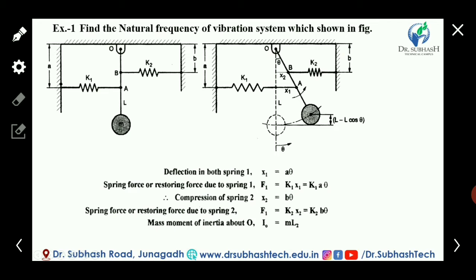Then we release the mass and it moves, and the potential energy is converted into kinetic energy. When the pendulum reaches the original or mean position, the kinetic energy of the mass is maximum, and due to the kinetic energy it overshoots the original position and moves in the opposite direction from the equilibrium or mean position, okay.